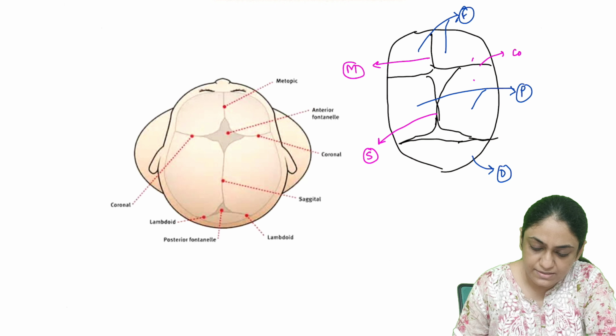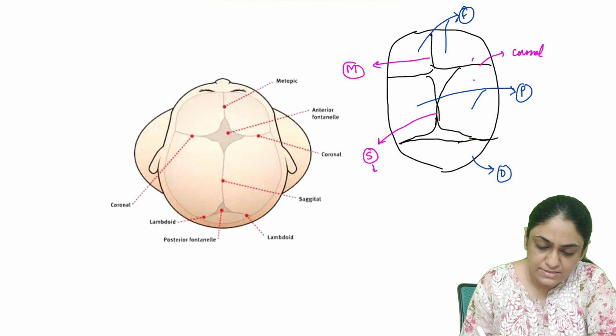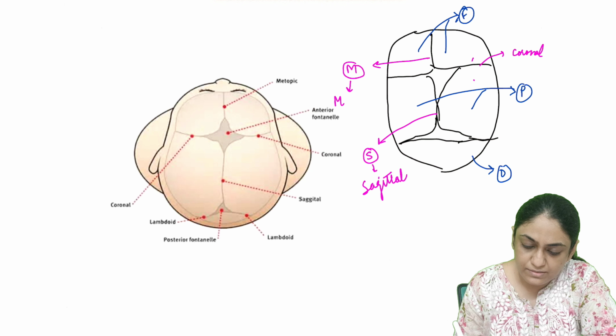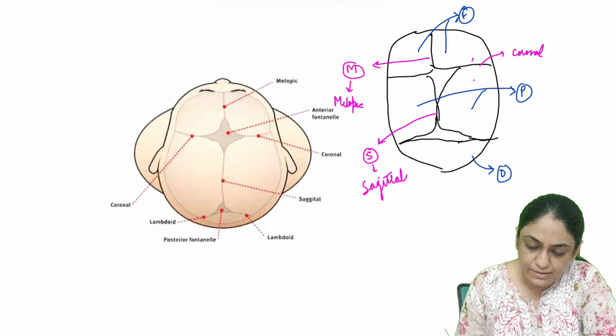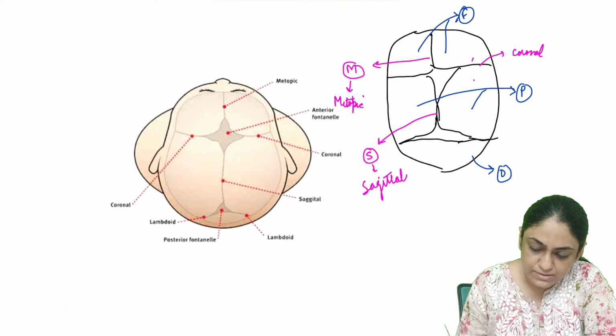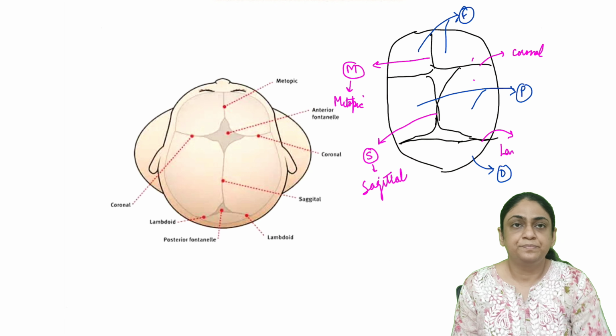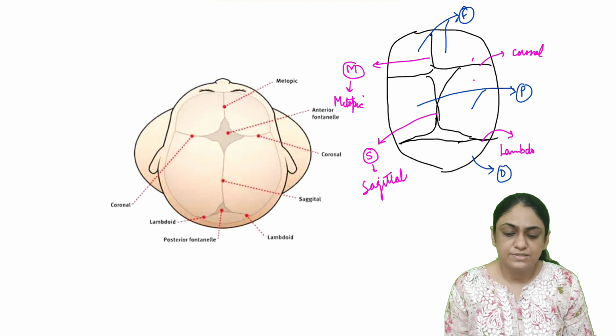This is our sagittal, this is our metopic, and between occipital and parietal bone, we have our lambdoid suture. So please remember these sutures.